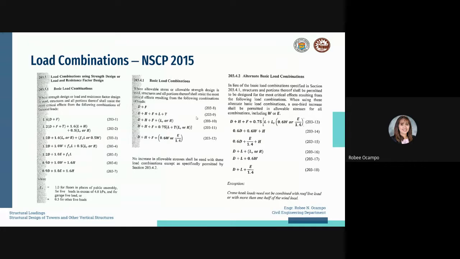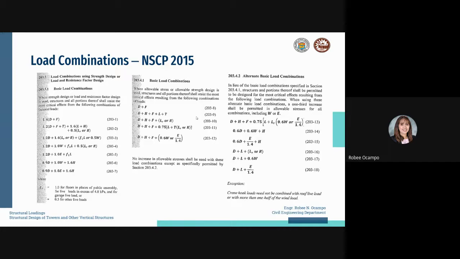The F, if we have no fluid, there's no fluid that will be carried by our tower or vertical structure. The T for the temperature loads, we don't have that. We don't consider that. But other than that, these are the load combinations that we're going to use for strength design.